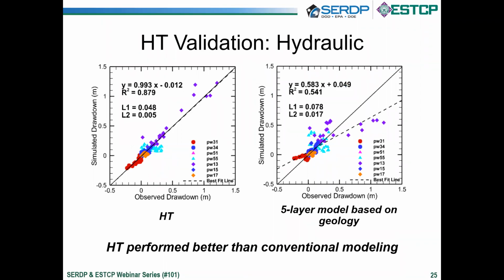The left graph shows the prediction of the rest of the pumping tests using the delineated hydraulic conductivity distribution. The right graph is showing a similar comparison when the model is developed using geology information alone. So you can see that hydraulic tomography gives you a better match to the validation test compared to a conventional model.